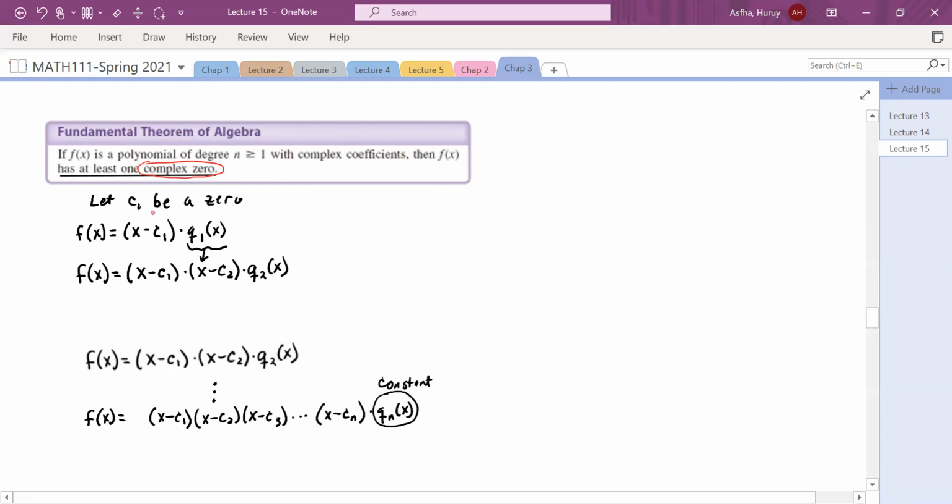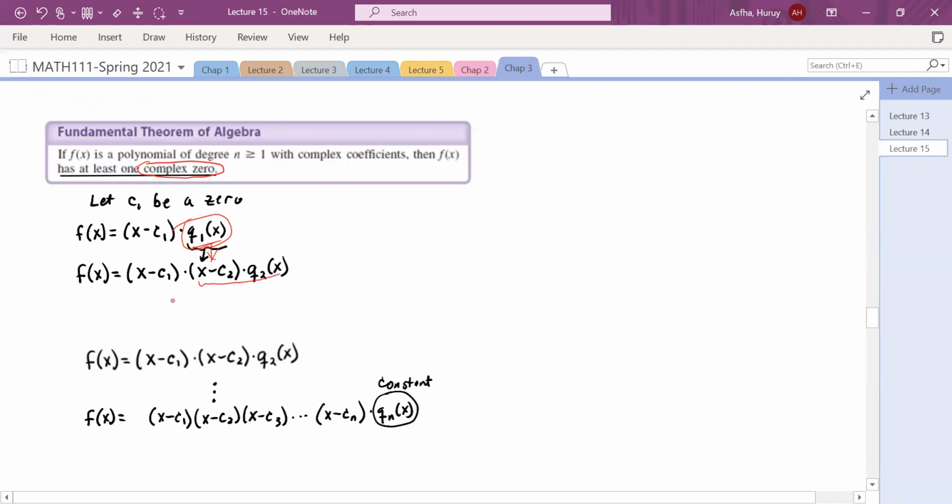Now, to show this, we can consider this c1 to be a zero. Then we have x minus c1 times Q1 of x, where this is a quotient. Again, since the quotient itself is a polynomial, we can write it in a reduced form.